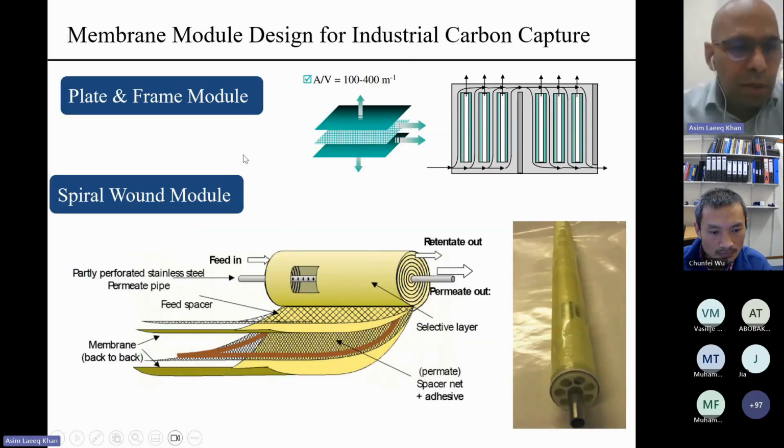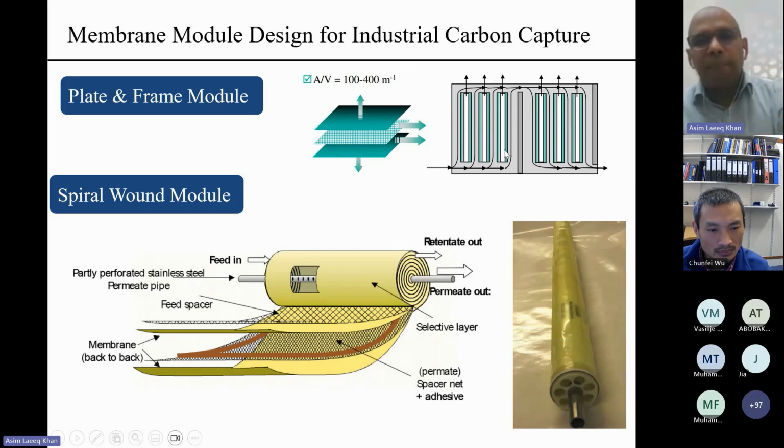Now, talking about the different types of modules, the flat sheet membranes for carbon capture are generally of two types. Either flat sheet membranes are made and then framed in a plate and frame module configuration, which is used very rarely for CO2 capture.